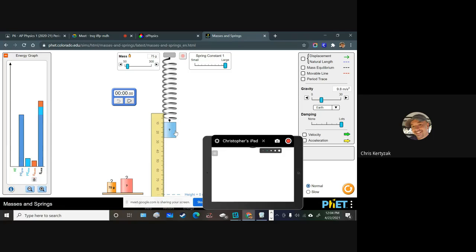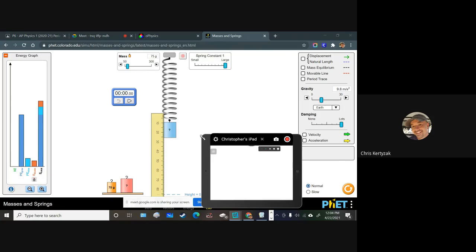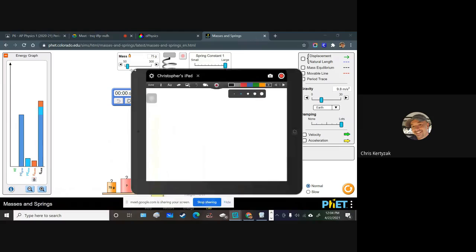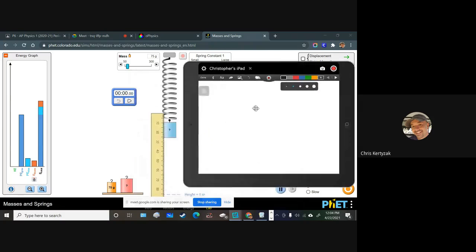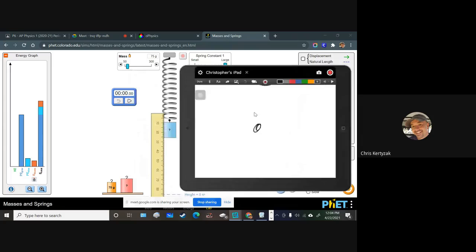That is to say, since it's not moving, it's in static equilibrium, which indicates that the forces it may feel are balanced. If I was drawing a free body diagram for the spring in the current position that we see, I would draw an upward spring force and a downward gravitational force that are equal in magnitude but opposite in direction, so they cancel.